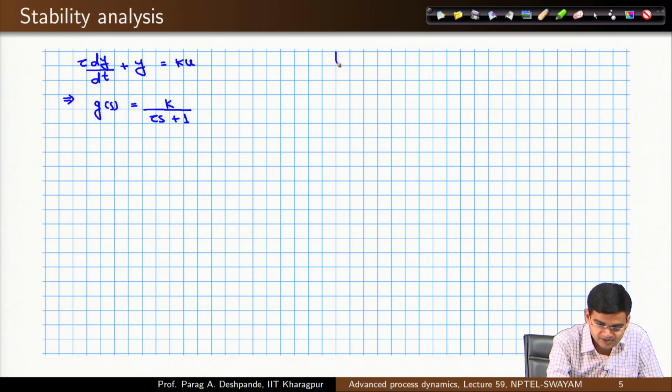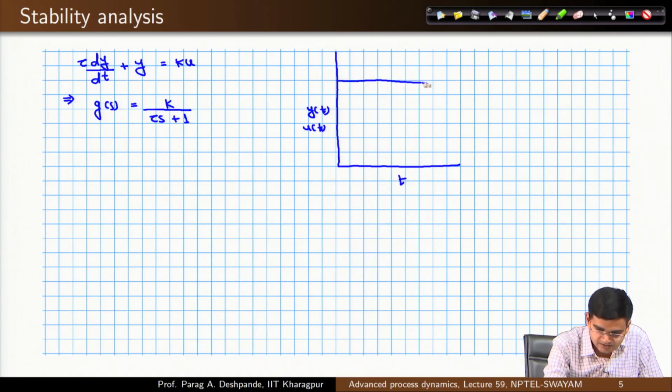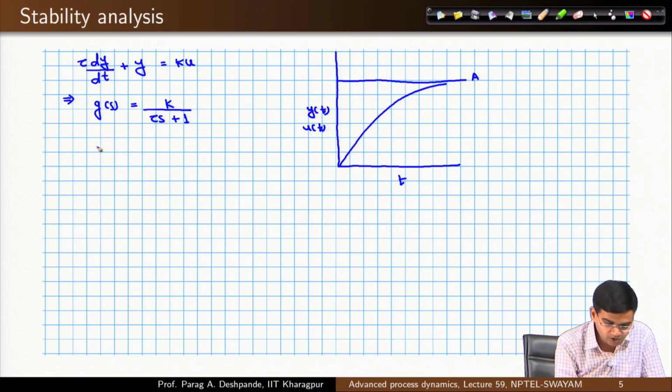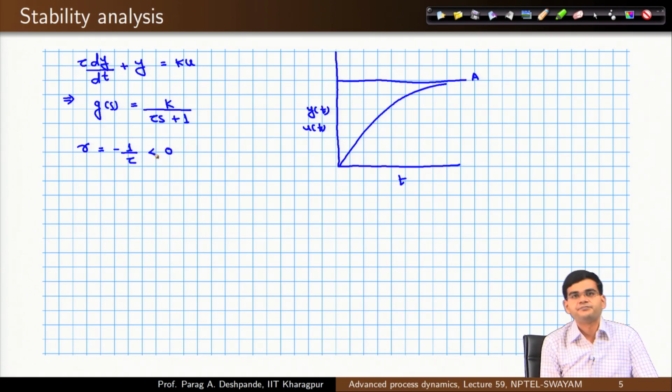What was the response of such a system subjected to a step input, y of t and u of t as a function of t? If this is A, the response was bounded, and this was the response, right. What was the pole? r in this case was minus 1 over tau, which is less than 0.